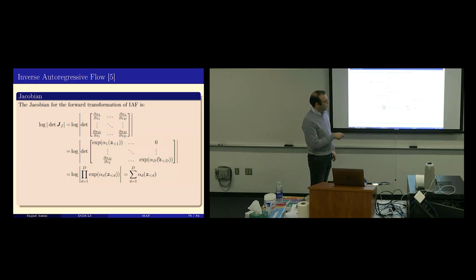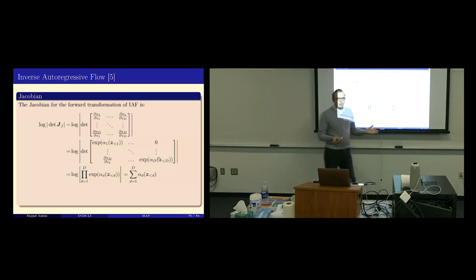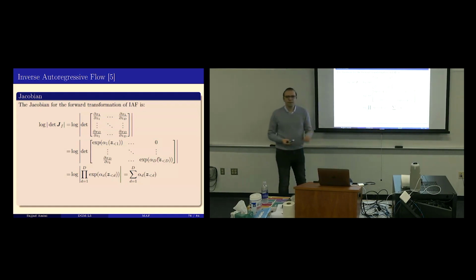So we have this summation, logarithm and exponent cancel each other. So we find the Jacobian, and it is easy. You want the gradient of this value with respect to its parameters, which can be simply calculated using different libraries you have for deep learning.